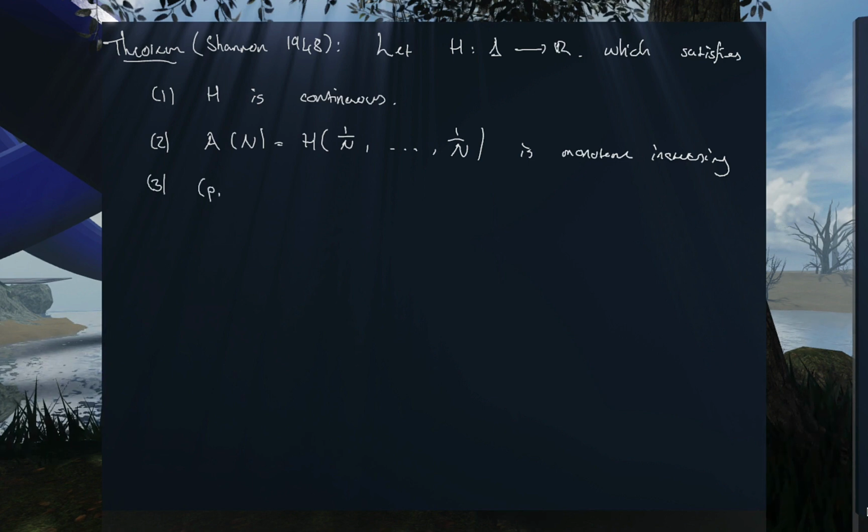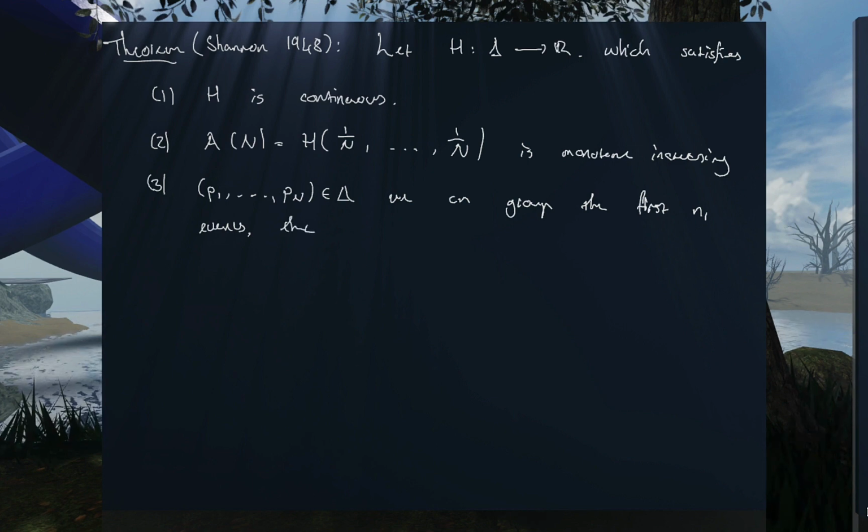So if we have a probability distribution P1 through Pn, we can consider the distribution obtained by grouping the first n1 events together, the next n2 events, and so on.